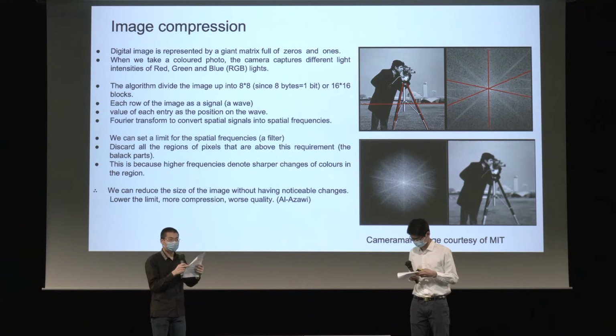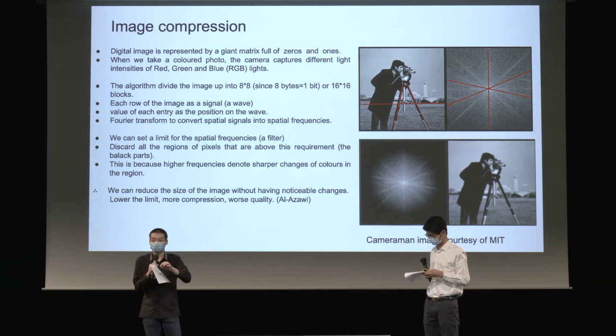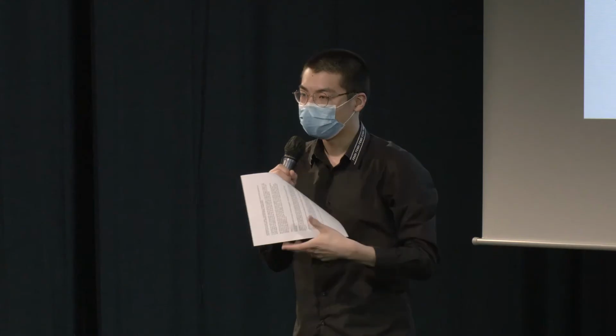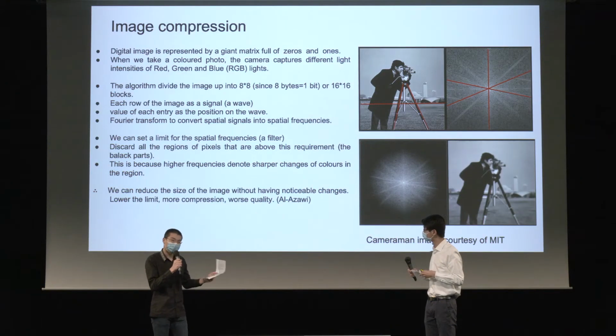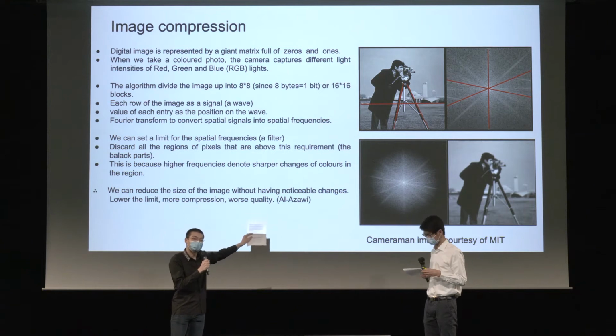And the intensity of each pixel corresponds to the position of the particle on the wave. Therefore, we can apply Fourier transform to this image and obtain its frequency spectrum. Then what we can do is to eliminate all the extremities on the frequency spectrum, which correspond to high frequencies.